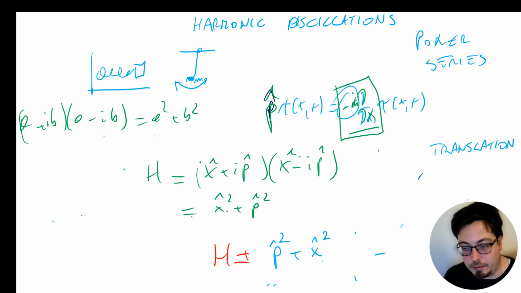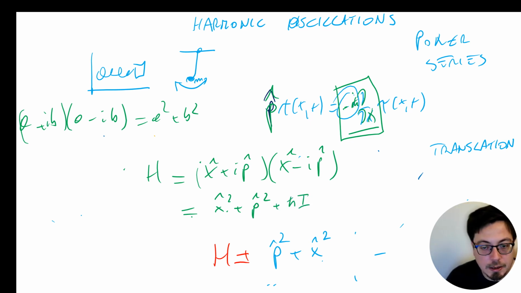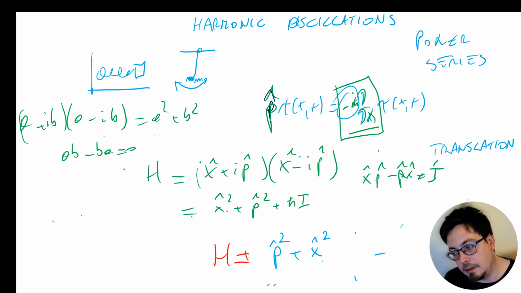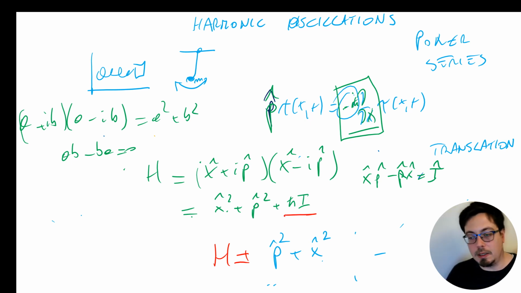You can prove it. Apart from the fact that I forgot, of course, that there is the commutator, plus h bar identity, because in this case a times b minus b times a cancel out. In this case x times p minus p times x do not cancel out, and they give the identity. So you have this extra term here, but we will see what this does to the system.